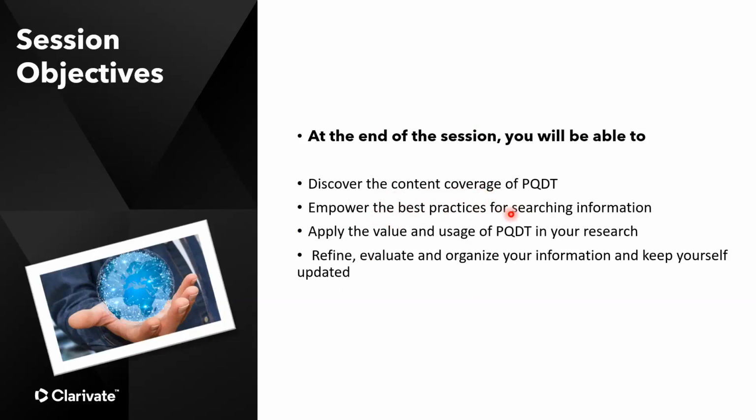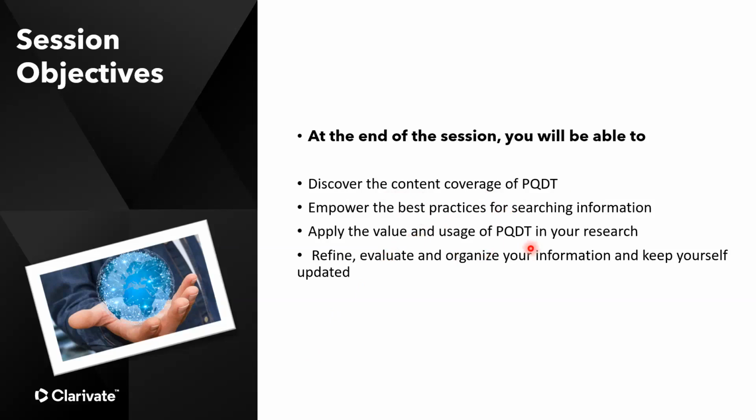Number 2, I found this information. How can I retrieve it effectively? Third, how am I going to apply this information in my research? How do I make connections using tools like the citation networks, or citation connections, and so on? Fourth, I found all the articles that I want.